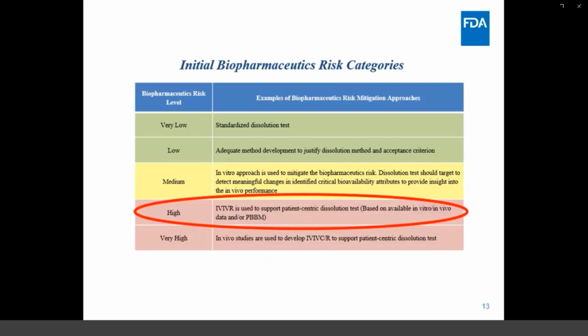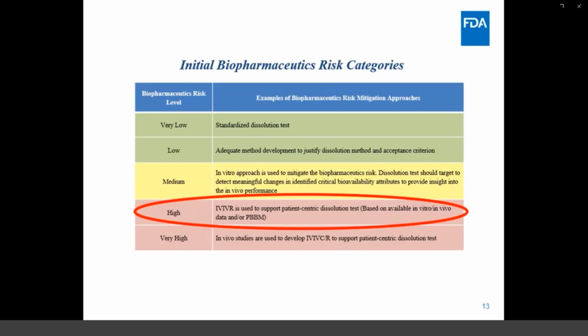The biopharmaceutics risk is identified by changes in dissolution that may impact bioavailability. We identified 5 qualitative risk levels, beginning with very low. For very low, the expectation is that dissolution would be rapid and there would be no impact on bioavailability.